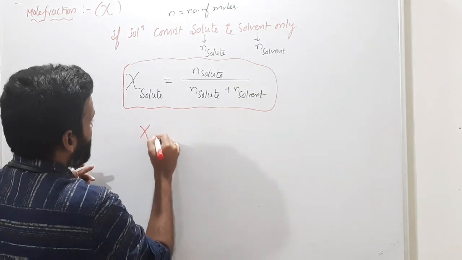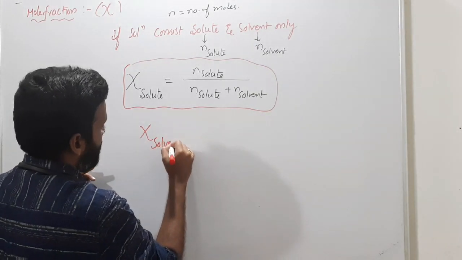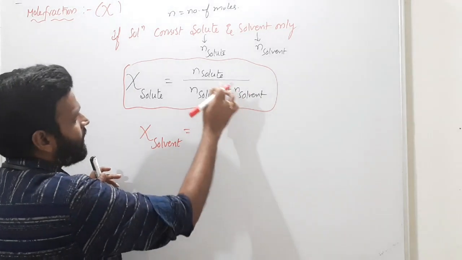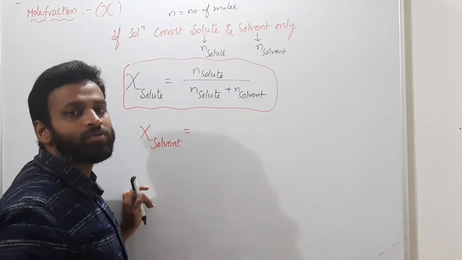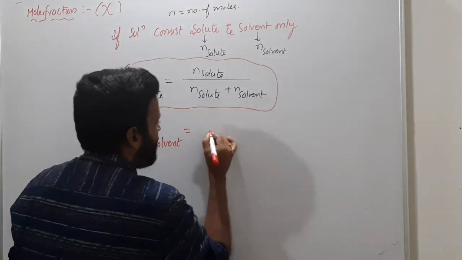And in the same way, what is the mole fraction of a solvent? Very simple. Instead of solute, whose moles will you consider? The number of moles of solvent in the numerator.